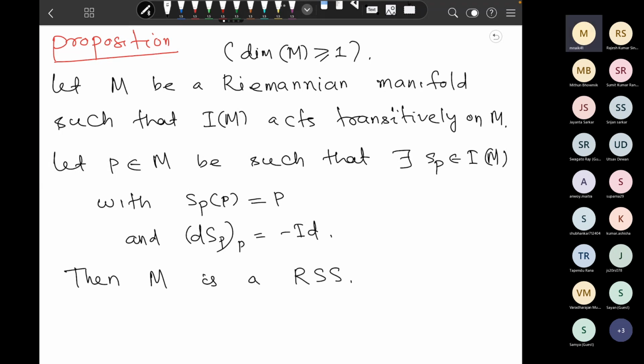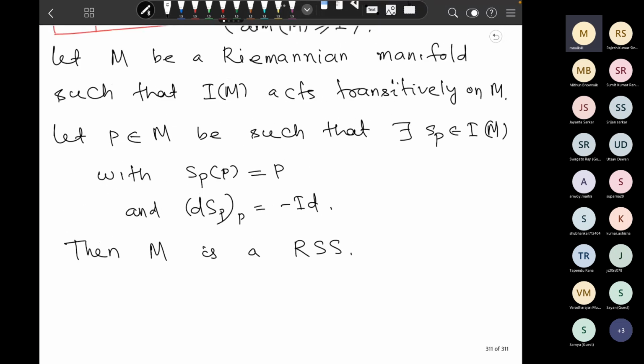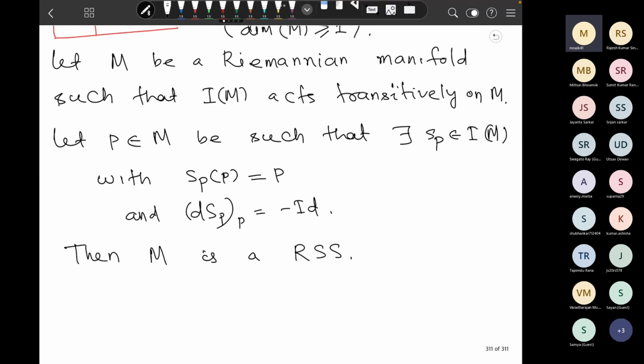So we need to prove this. What it says is that if M is a Riemannian manifold so that the isometry group acts transitively on M, and if for some point p in M there exists a geodesic inversion, then you will be able to define a geodesic inversion at every point, and therefore M is a Riemannian symmetric space.